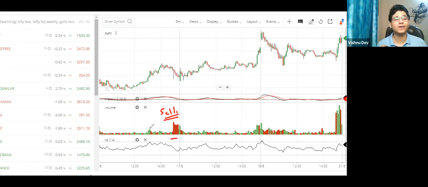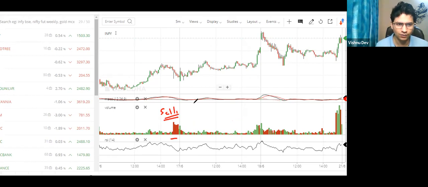Red means the number of stock which is sold. And green means number of stock which is bought. Clear? Because obviously if the price is going up, it means the buying is more. People are buying more and more shares, then only it will go up.